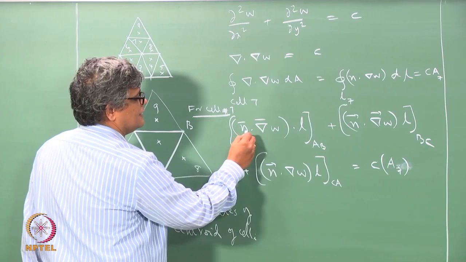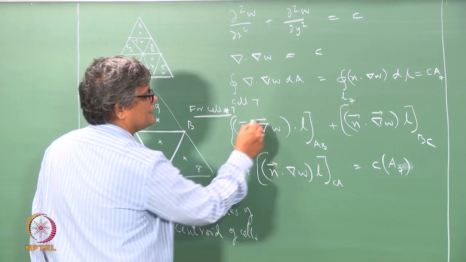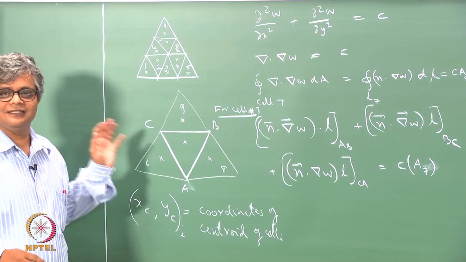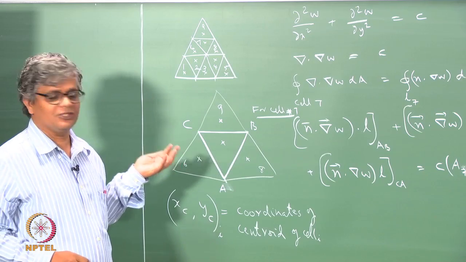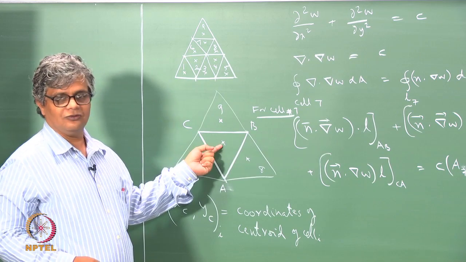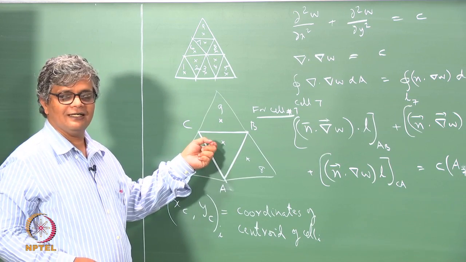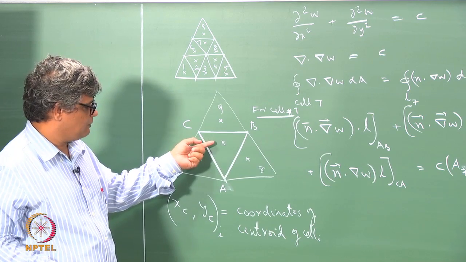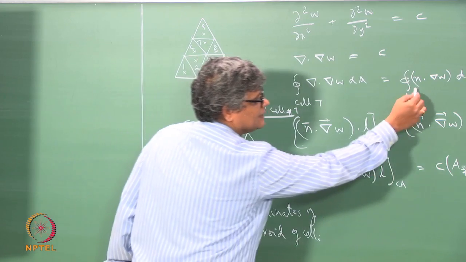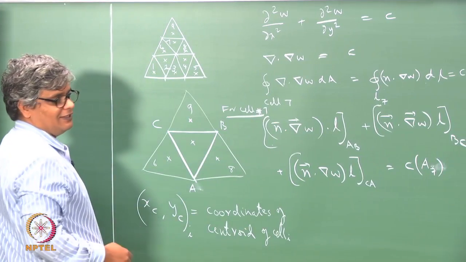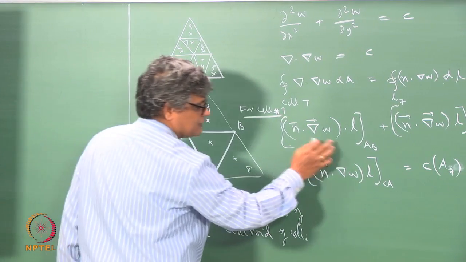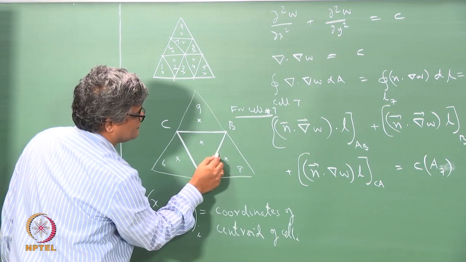Ideally this should be an integral along the length, but given we are looking at CFD, where the cell sizes are supposed to be small and we associate with each cell a node where we evaluate the variable W, we say that the integral of this along a particular side is approximately equal to the evaluation of this at the center of the side.